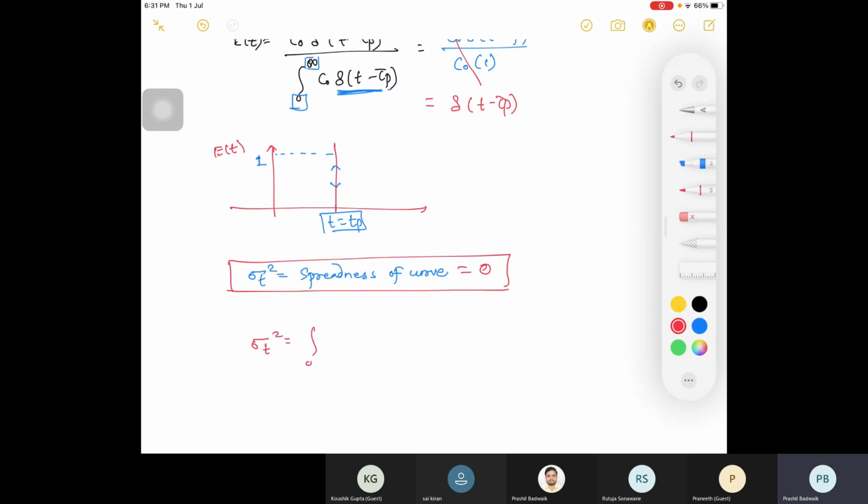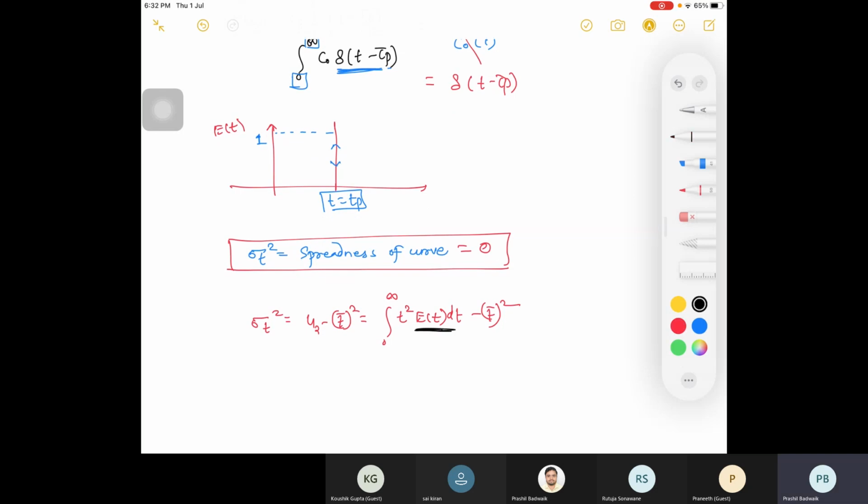Variance is your integration. First I'll write mu2 minus t mean square, right? And mu2 is your integration from 0 to infinite t square E t dt, minus t mean square. If you substitute this value here, E t, then t square, what is your E t value?